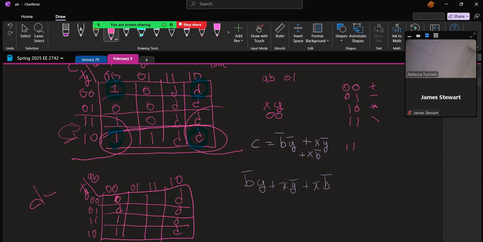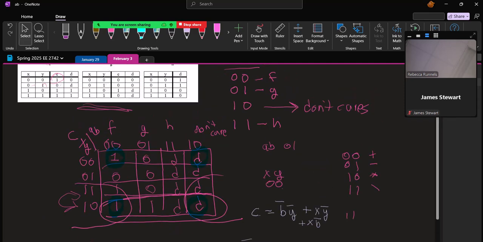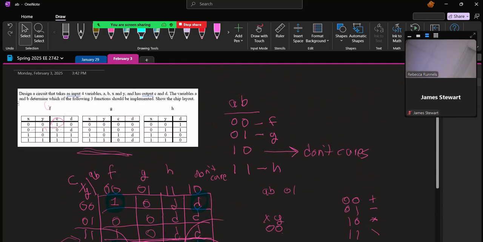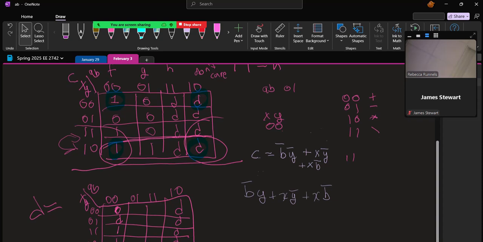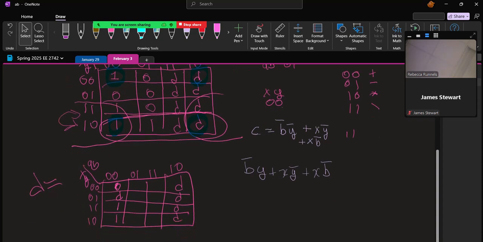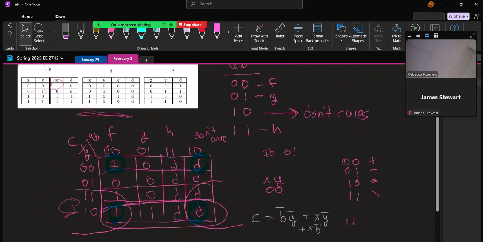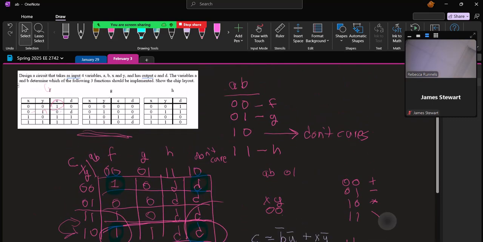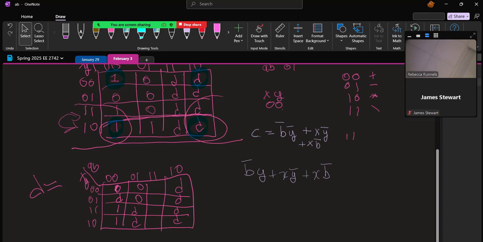This is, I'm getting the outputs for D. Oh, okay. And G is 00DD. And H is 1100.